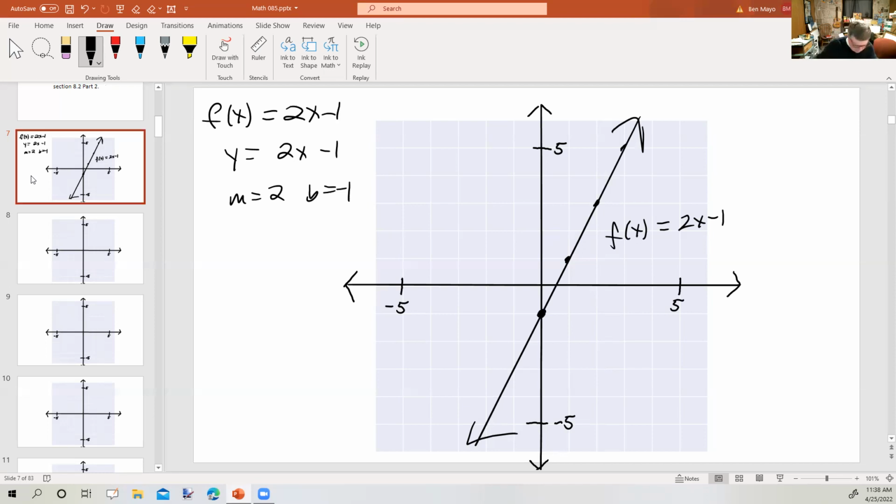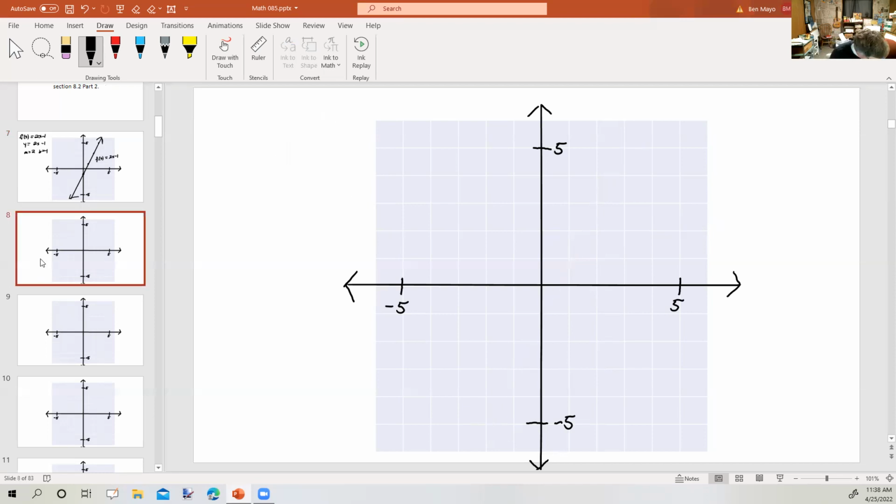Okay, let's take a look at another one. How about this? F of x equals -x plus 2. So here the slope is -1 and the y-intercept is 2. So you'd plot the y-intercept using the slope.